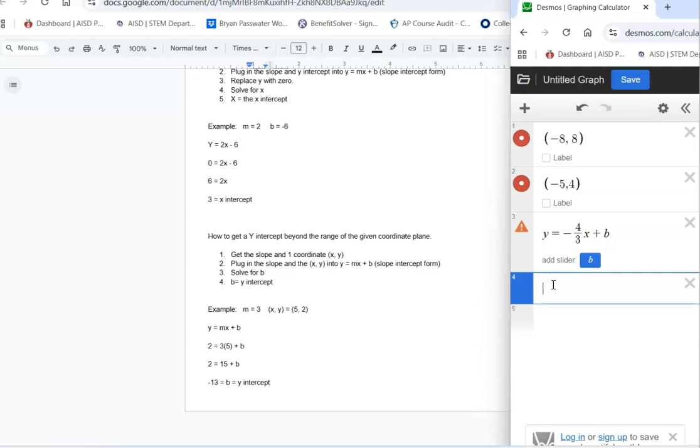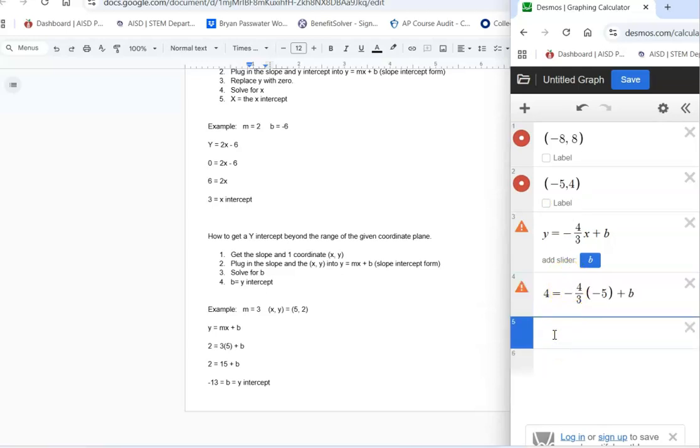Let's plug in the bottom one. Instead of y, it becomes 4, so 4 equals -4/3, and then instead of x, it's -5, plus b.